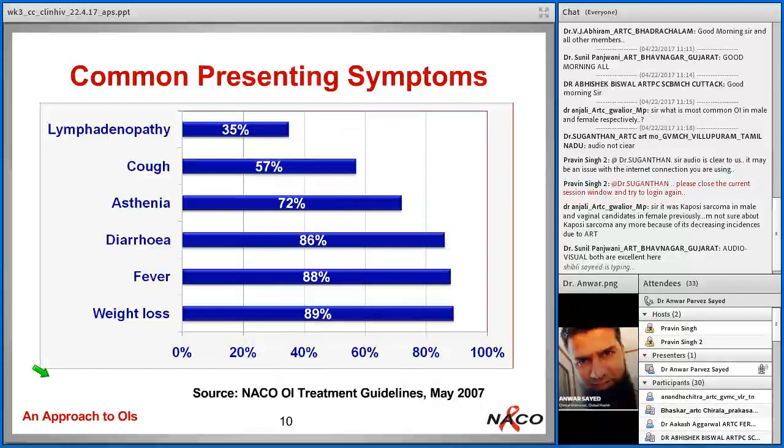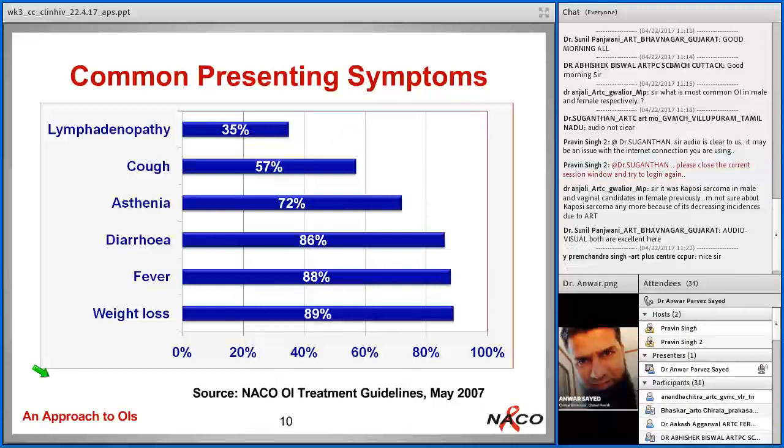Vaginal candidiasis, I'll not call it an opportunistic infection as such in women, because otherwise also there are multiple factors because of which women may have vaginal candidiasis. I don't know how fair it will be to compare diseases like Kaposi and vaginal candidiasis, but ultimately, in terms of clinical significance, I don't see any clinical significance in this scenario.